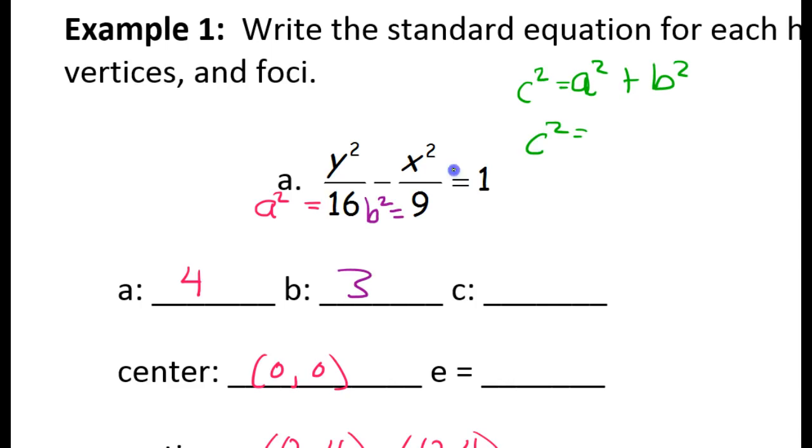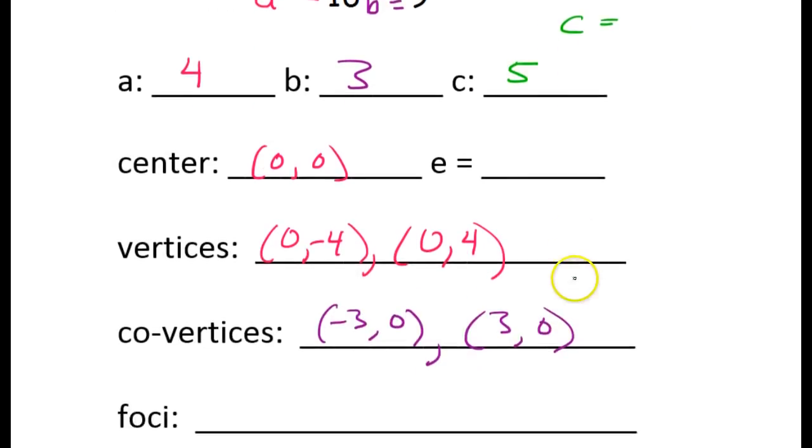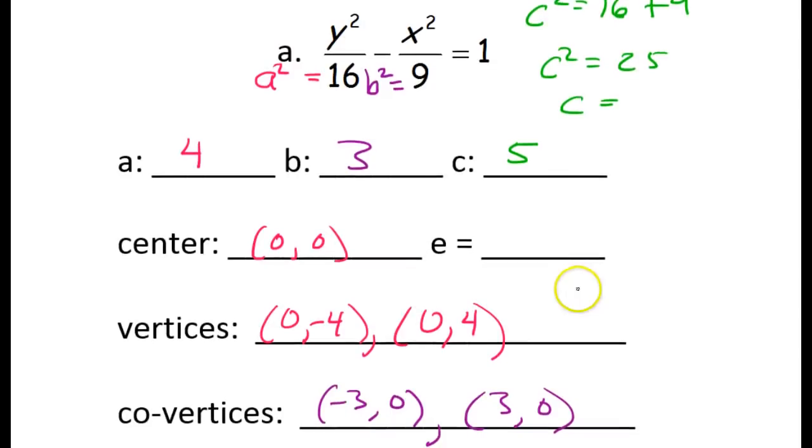So C squared is going to equal 16 plus 9. So C squared is equal to 25. So C, well, I'll just write it here. C is 5. So that is going to tell me where the foci will go.